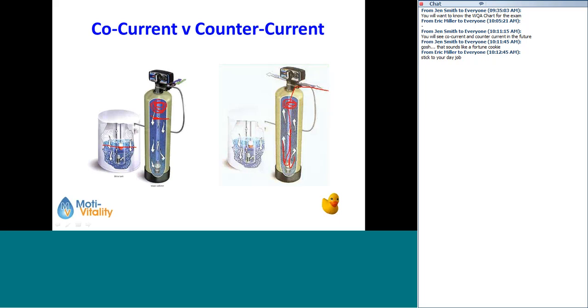Now you can get channeling also with co-current. So what channeling is, if this is the tube down the center, the riser tube or distributor tube, and here's the top of the resin bed, and the tube comes up through there.